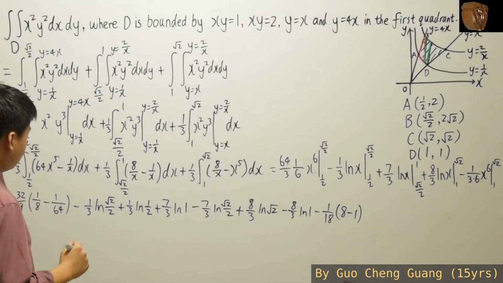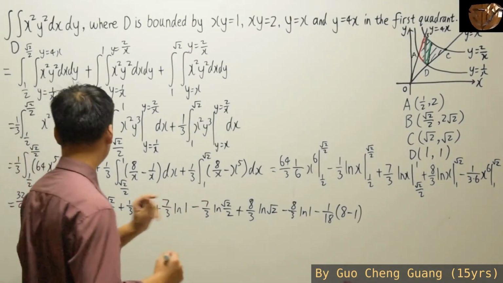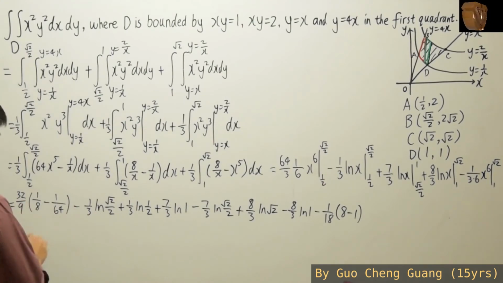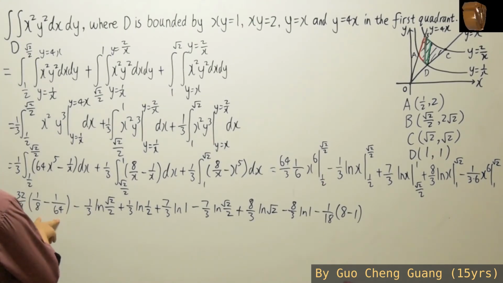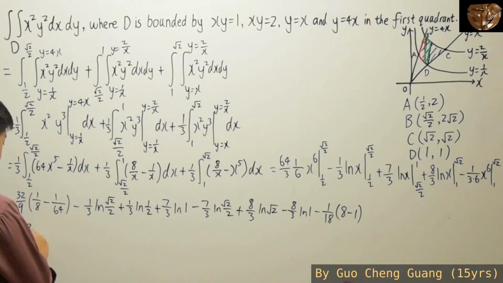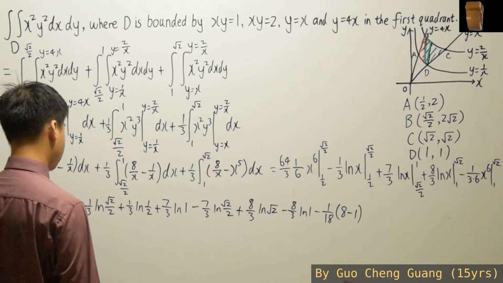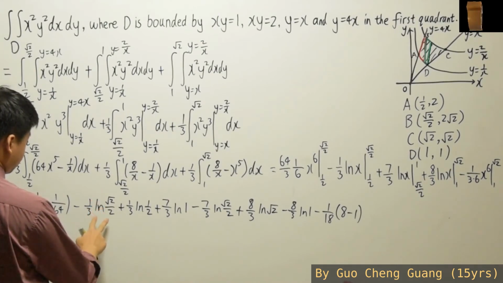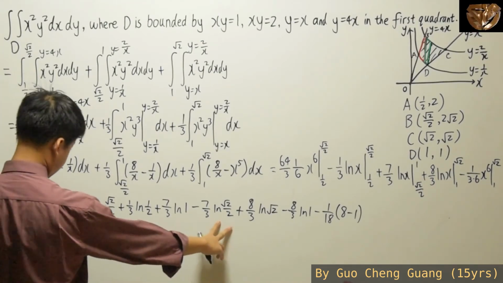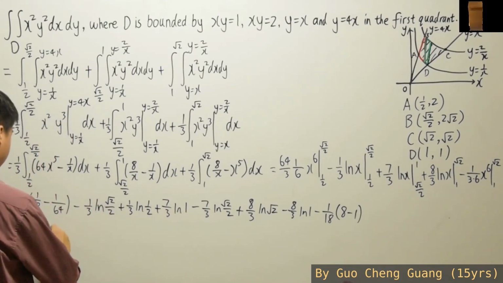Alright, now let's see what we get from this portion over here. From your first pair of fractions, this will just be 8 over 64 minus 1 over 64, which is 7 over 64, and you get 7 over 18. And from this part, since you have ln 1 over square root 2, you can have negative 8 over 3.